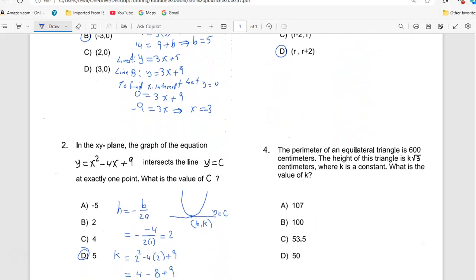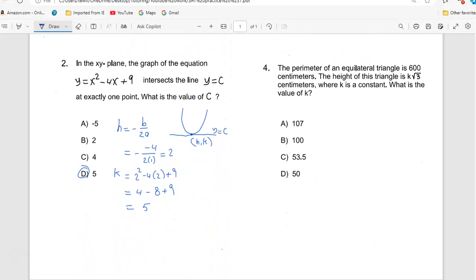And for the last problem, go ahead, give it a try. The perimeter of an equilateral triangle is 600 centimeters. The height of this triangle is k square root of 3 centimeters, where k is a constant.